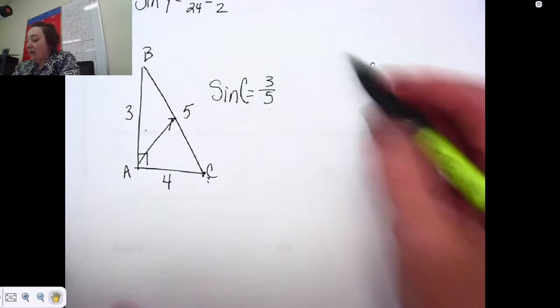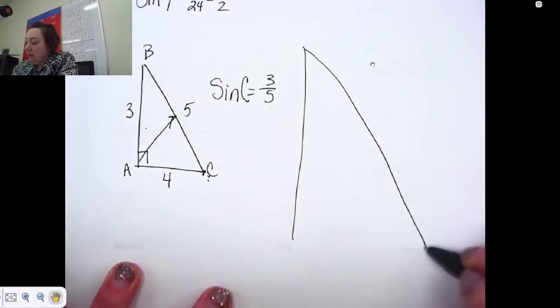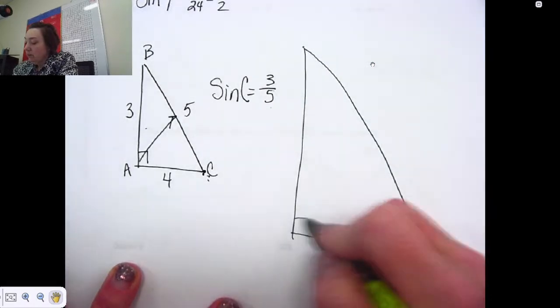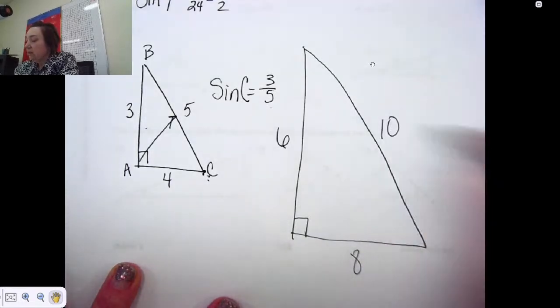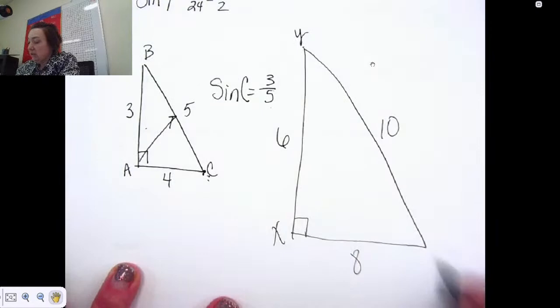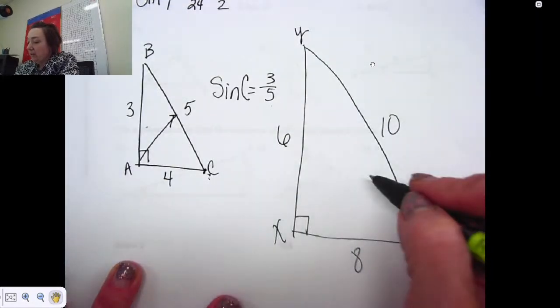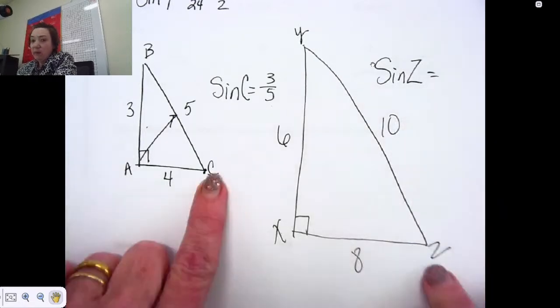So if I make a doubled up version of this triangle, and this is 6, and this is 8, and this is 10, and this is X, this is Y, this is Z. And I ask you to find the sine of Z, because Z is in the same place that C is, right?